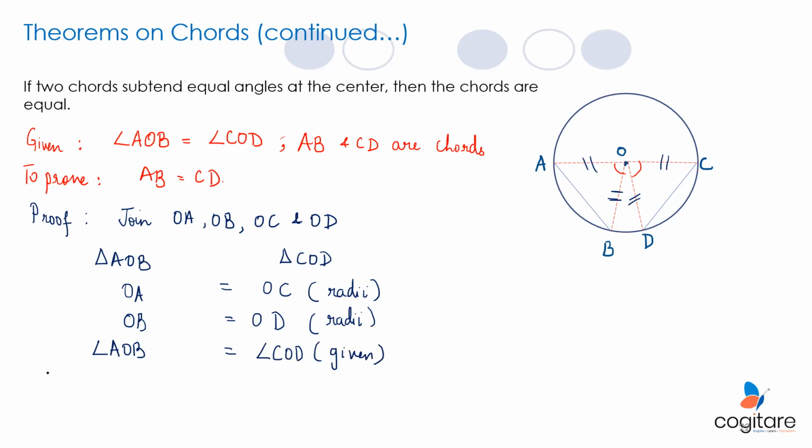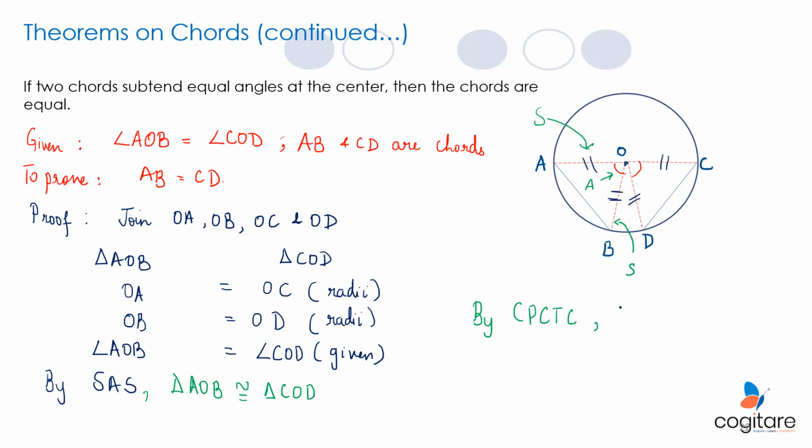Therefore, what is the postulate, folks? By SAS, we have a side, and included angle. That's important. That's why A is sandwiched between S and S. So by SAS postulate, we can say that triangle AOB is congruent to triangle COD, which means the corresponding parts have to be equal, right?